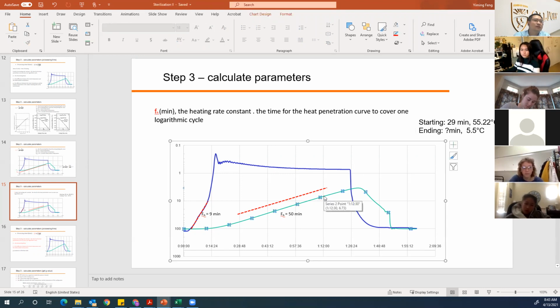At 112 minutes, it's 6.73, which is still not there yet. Let's keep moving. At 114 minutes, not there yet. Let's keep moving. Here is 5.41, which is close. Let's keep moving a little bit to find a better spot.